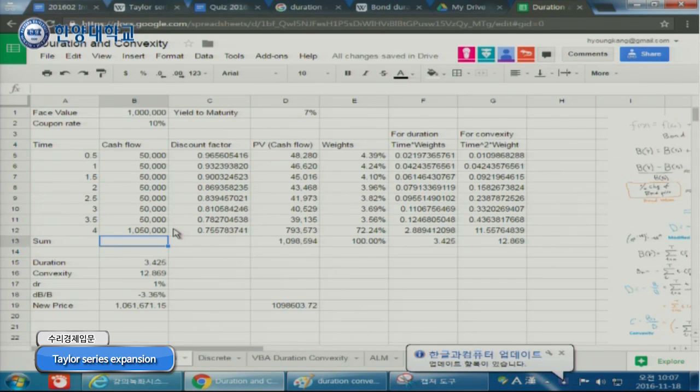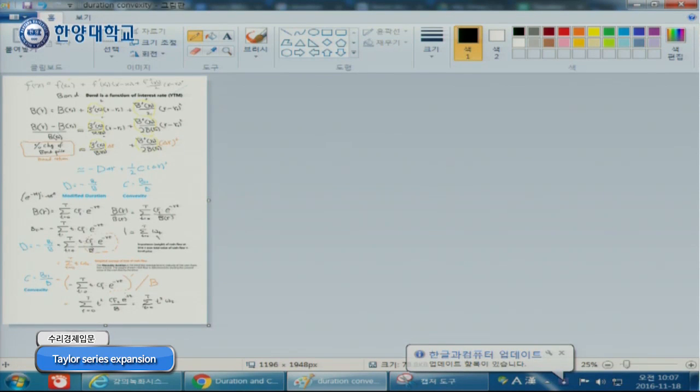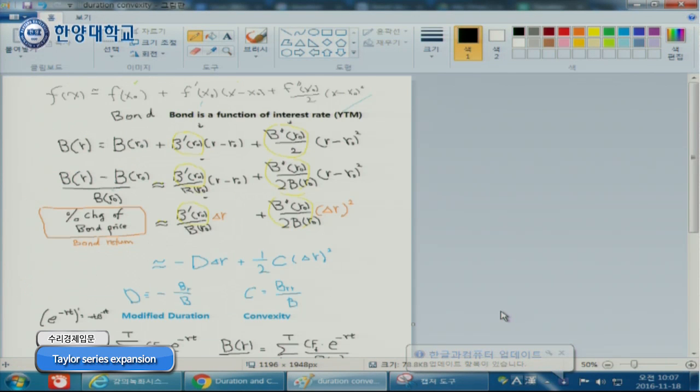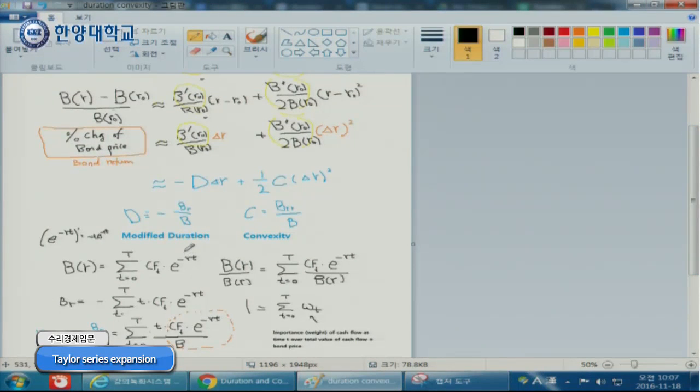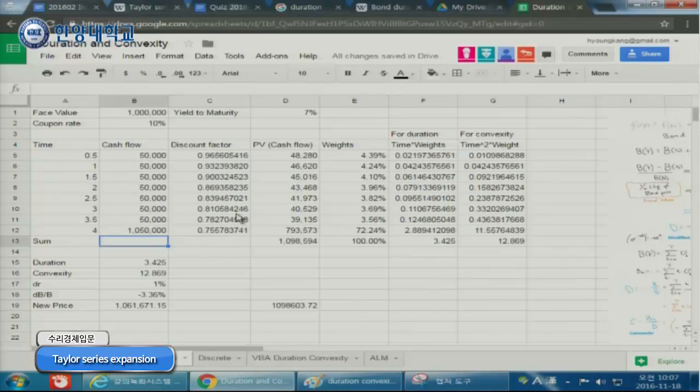Now let's calculate bond price. Bond price is a discounted cash flow. So the next step is to calculate this part, the discount. The discount rate is yield to maturity, 7%, and time is 0.5.